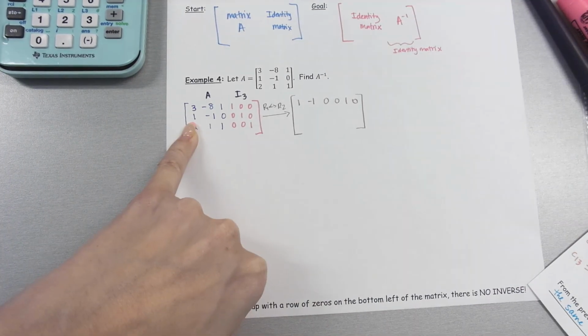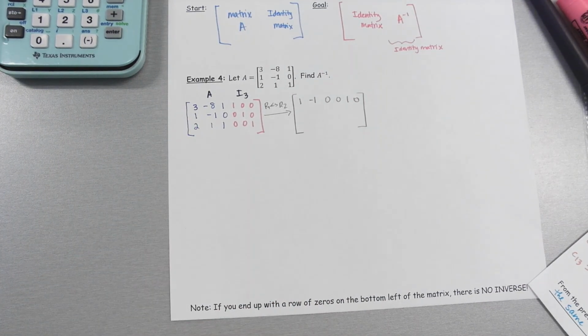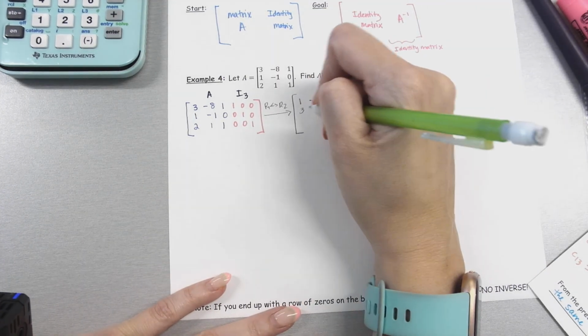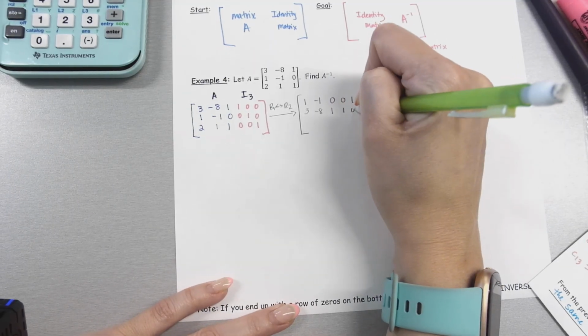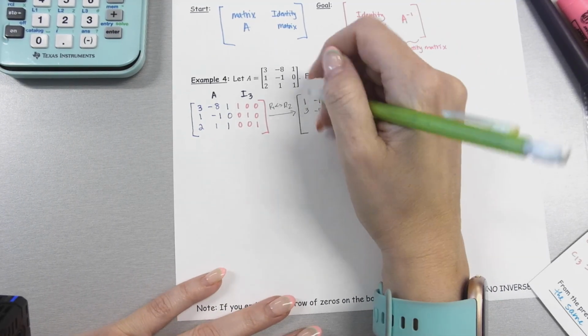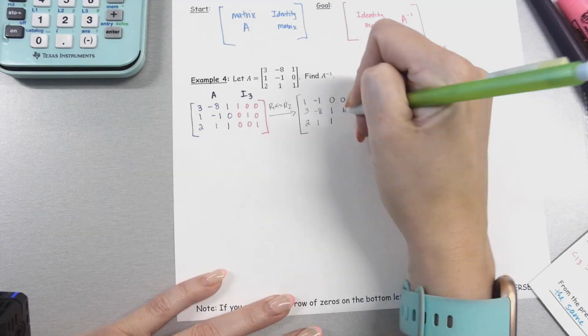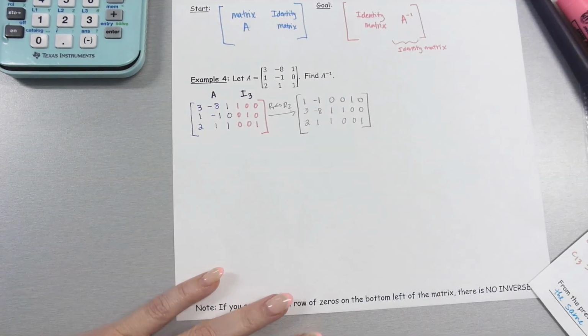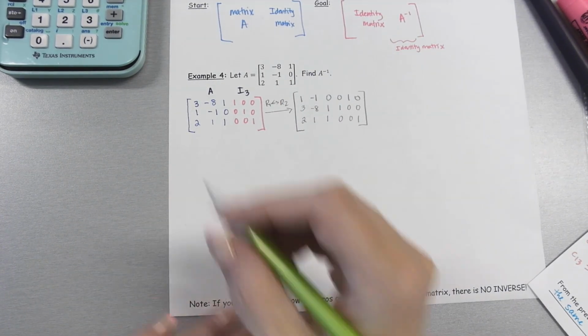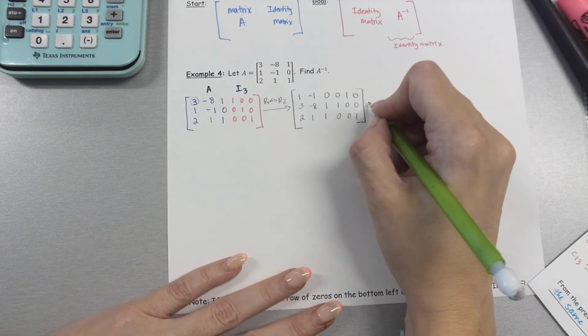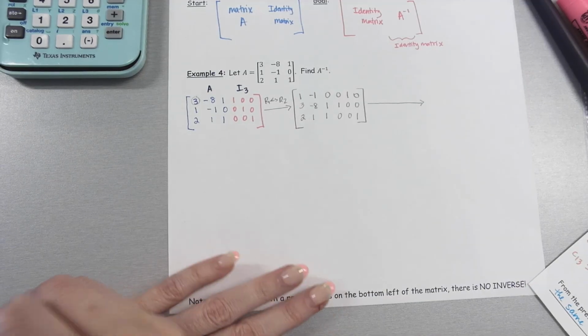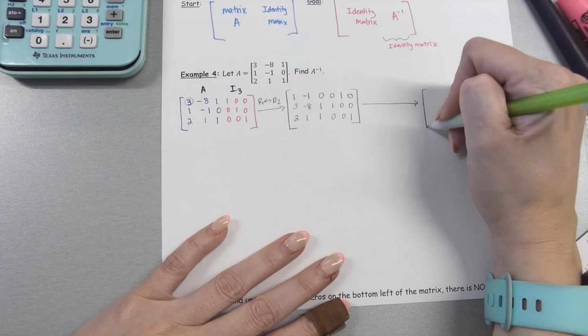Remember, part of this is keeping a neat matrix. I do think that helps because when you have to look back and forth, having organized rows does help out. Good. Once you get the 1 in the top left, our next goal is to get what? Zeros below it. Last week I showed you how you could do both of those in one step.